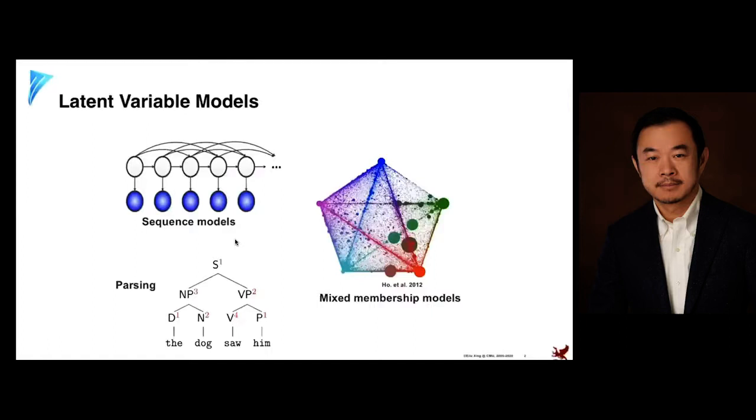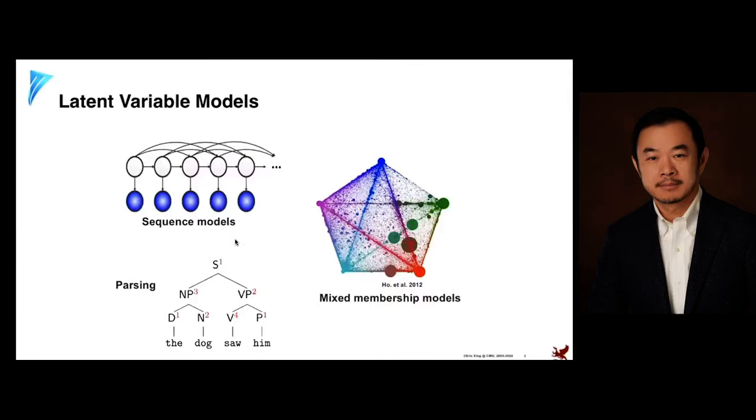Just a recap, so far we've gone through many latent variable models, right? So here are a few examples. This is an HMM, and the edges on top of that represent long-range interactions or dependencies, so that you don't have to be first-order Markovian, but also higher-order Markovian.